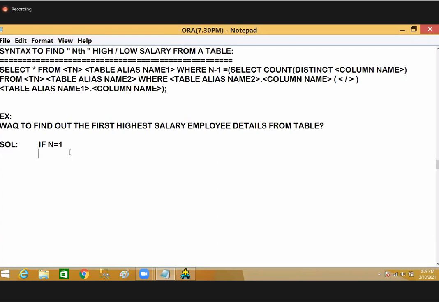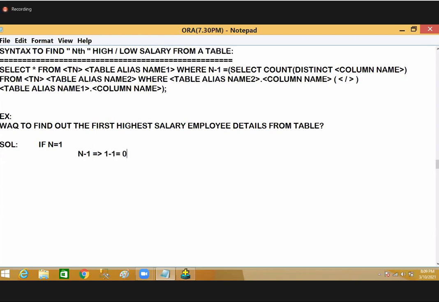So what is my formula? n minus 1. The first highest salary we need to find out, so first highest means n is equal to 1. That n equal to 1 you substitute in this formula.